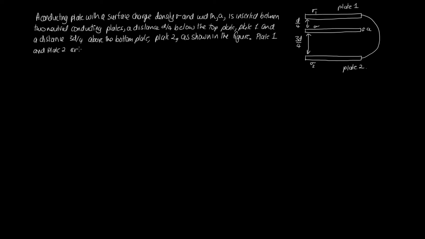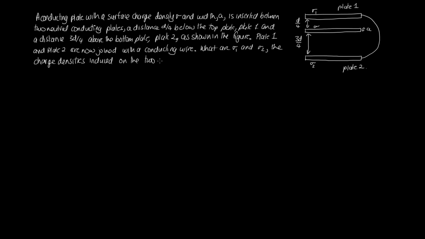Plate 1 and plate 2 are now joined with a conducting wire. What is sigma 1 and sigma 2, the charge densities induced on the two plates? And we can assume that all the plates are large, so end effects can be neglected.